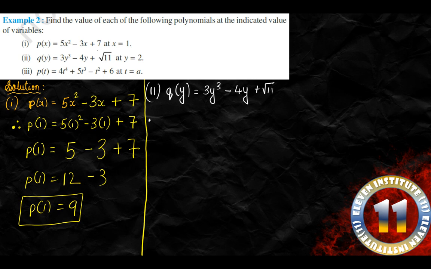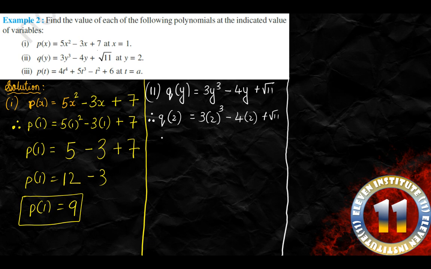So I can write therefore q of 2 is equal to 3 as it is. Now instead of y we have to write 2. So we will write 2 over here. અને અહીંયા y નો ક્યુબ હતો એની જગ્યાએ હવે 2 નો ક્યુબ થઈ જશે. Minus 4 into y, but instead of y we will again write 2. And plus root 11 will remain as it is. I hope you don't have any doubt in this. Now let us move ahead.